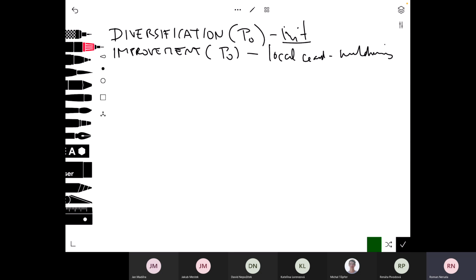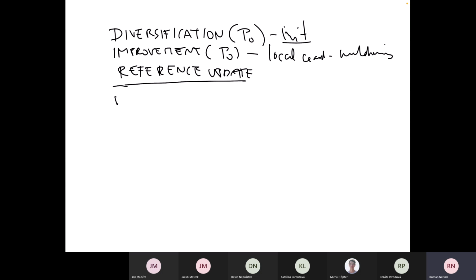So you see that you start with creating, initializing, and then already mutating. Then they have the reference set update. We will be talking about this in detail, the reference update. And this is the beginning of the loop.